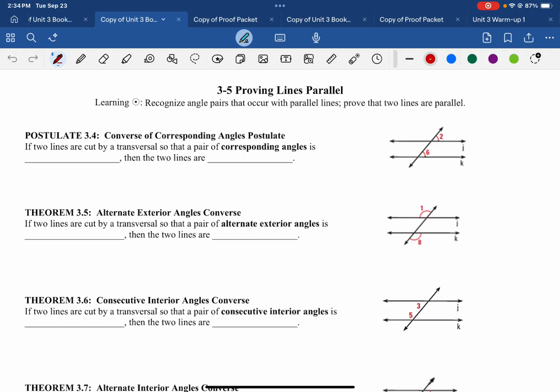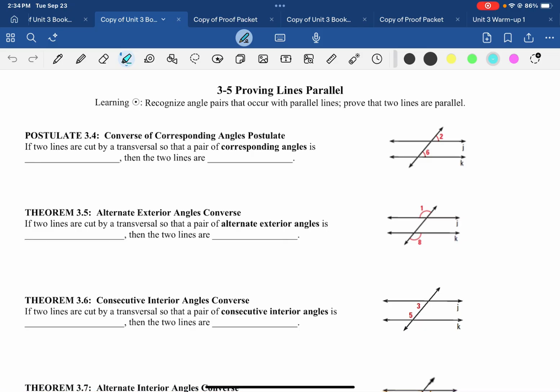So what if we have the converse of that? Could we use the converse to say, oh, the corresponding angles are congruent, therefore the lines must be parallel? The theorems that we're getting today are all converses of the theorems in the last class.